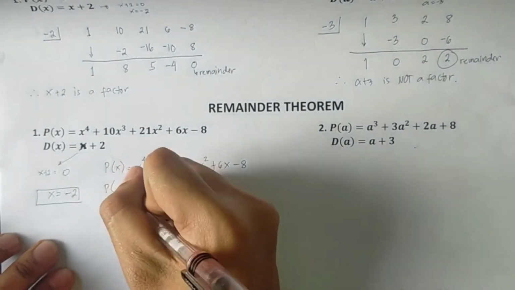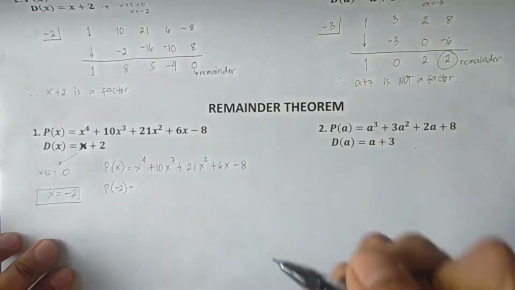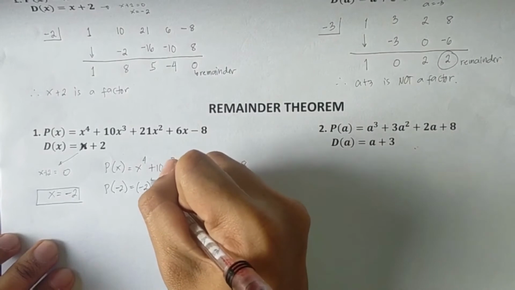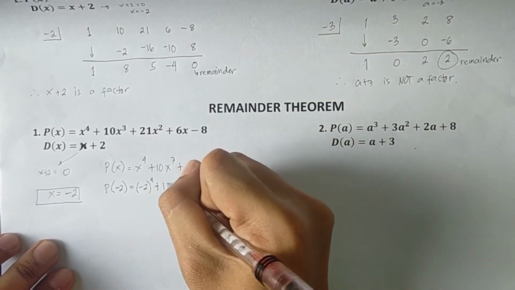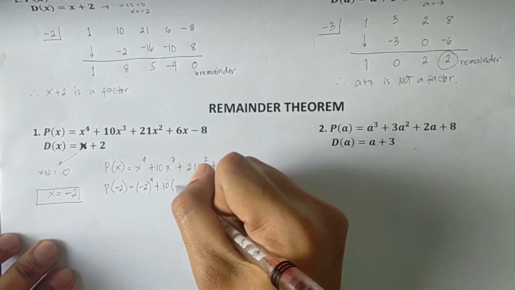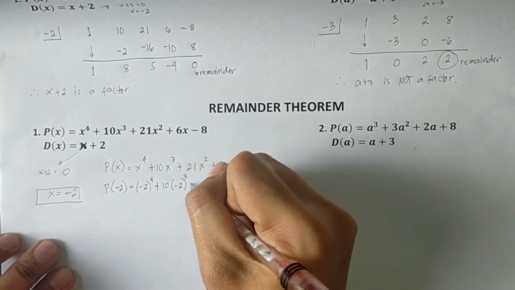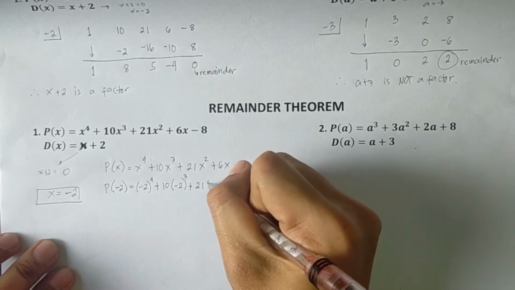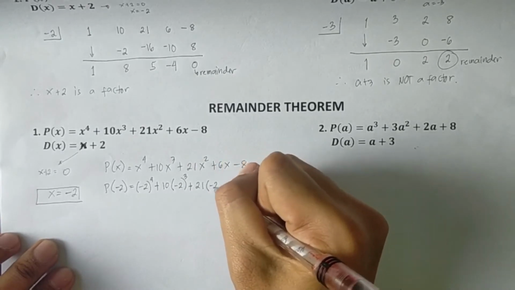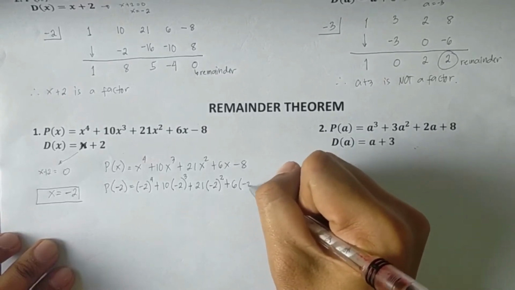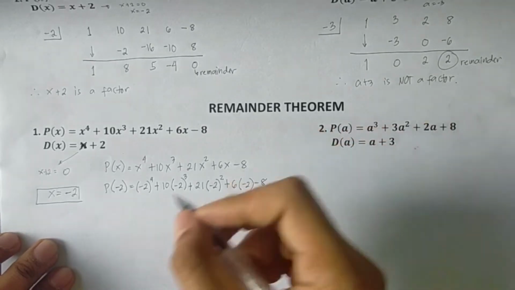So substitute x, which is negative 2 to the power 4, plus 10 times negative 2 to the power 3, plus 21 times negative 2 squared, plus 6 times negative 2, minus 8.